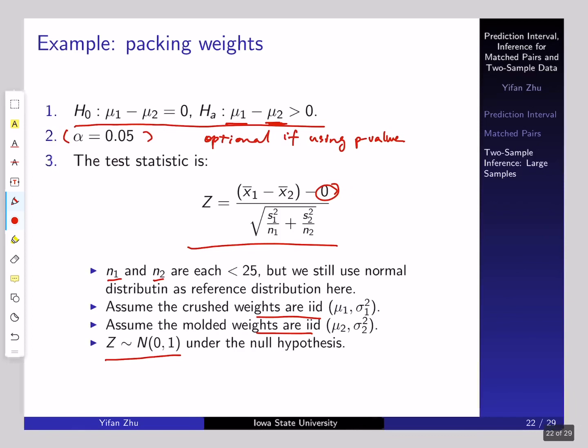Because now the alternative is mu1 minus mu2 greater than 0. That means mu1 minus mu2 minus 0 should be large if the alternative is true.